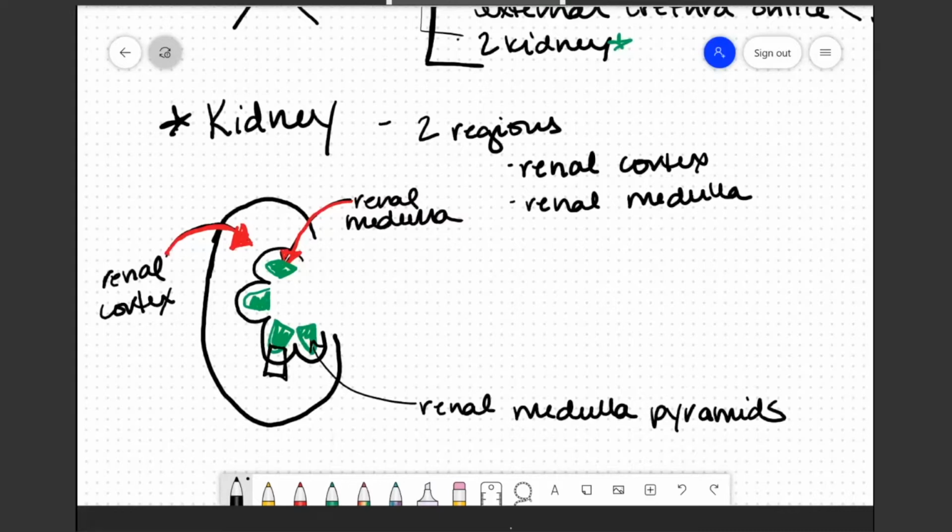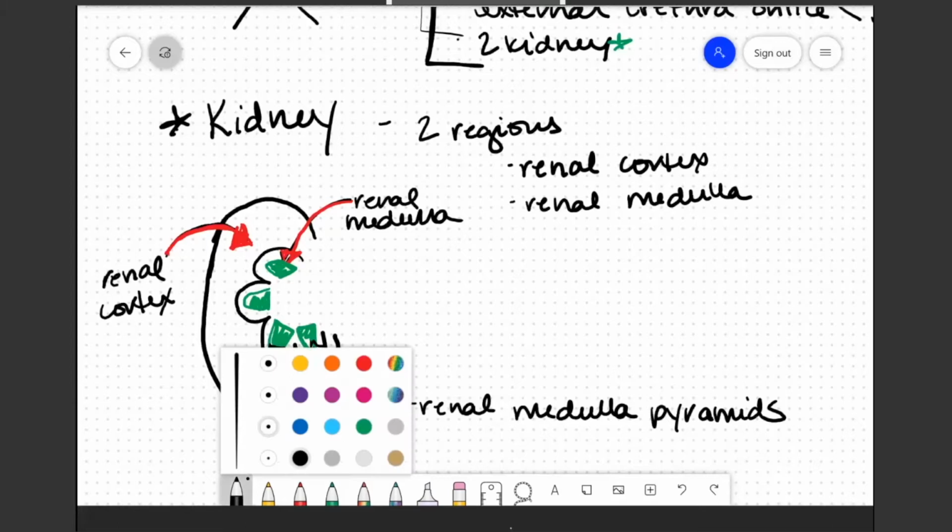The other thing I want to talk about when we're looking at the kidney, the medulla, the cortex, the renal medulla pyramids, is how we get the blood in and how we get the blood out, because that's the entire premise of our kidney, to be able to filter the blood. So we have to get the blood in and we have to get the blood out.